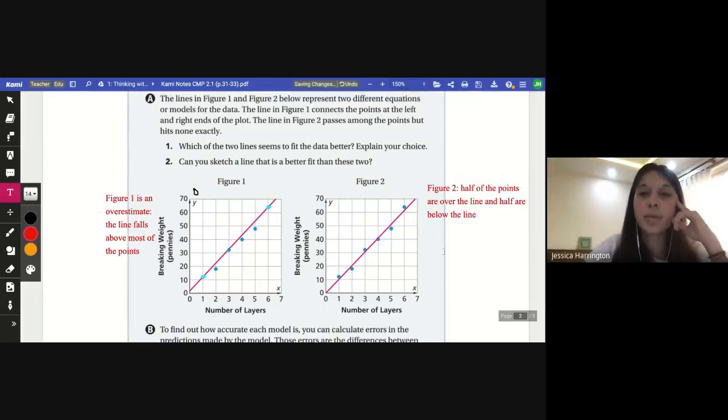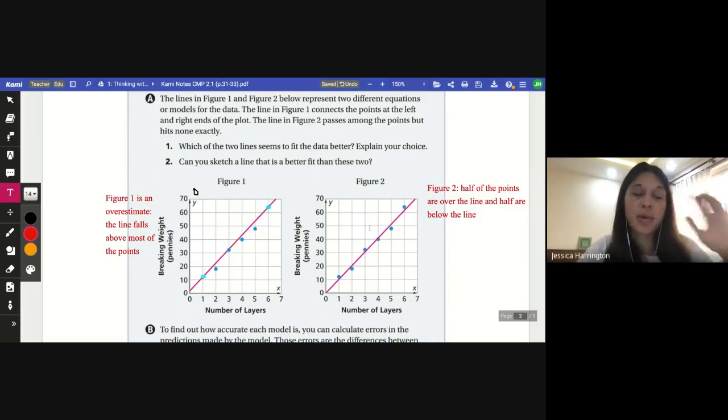Because this one is an overestimate for some and an underestimate for others, I would say this is the better fit, right? Because sometimes we're overestimating, sometimes we're underestimating. So on average, we're about the same. They cancel each other out, right?